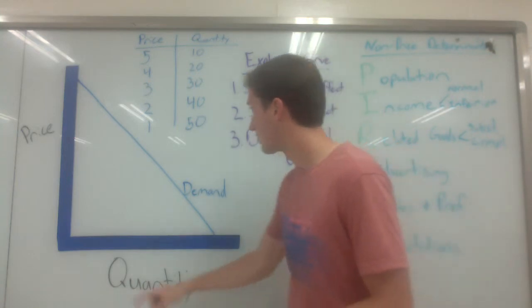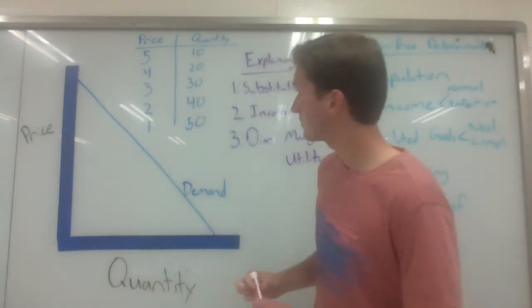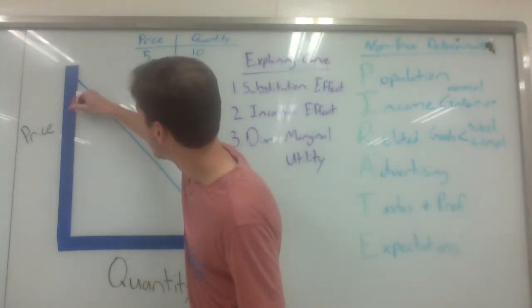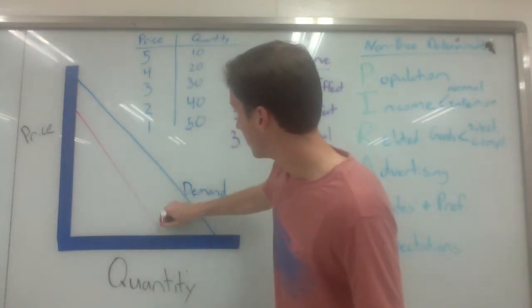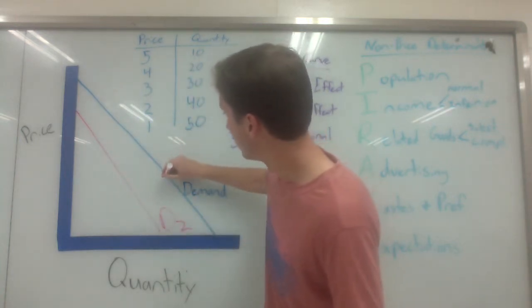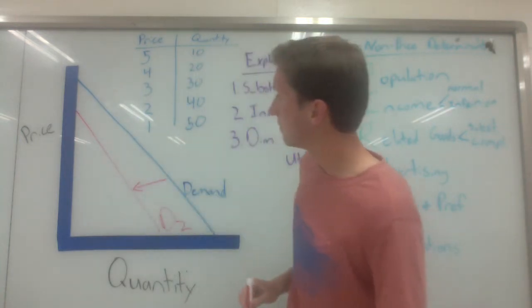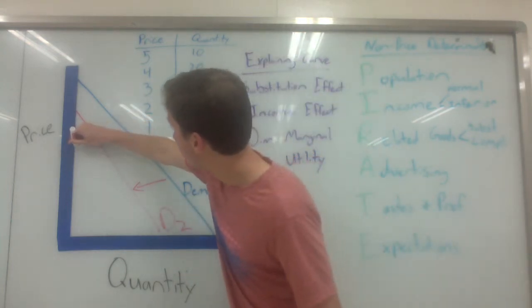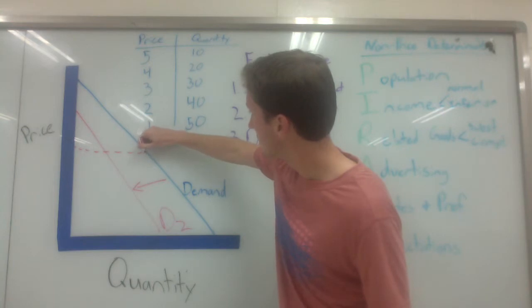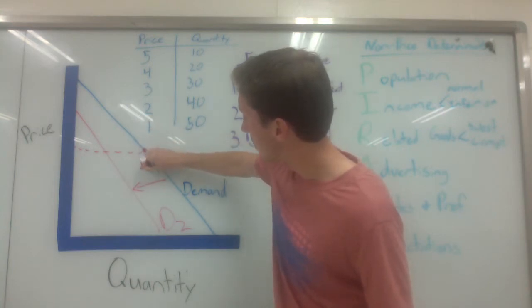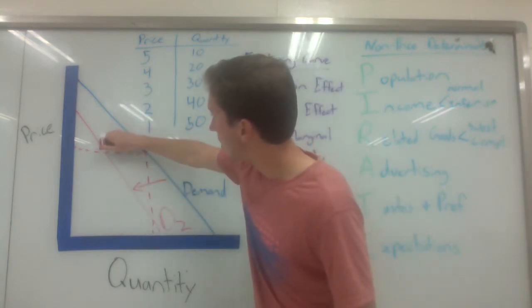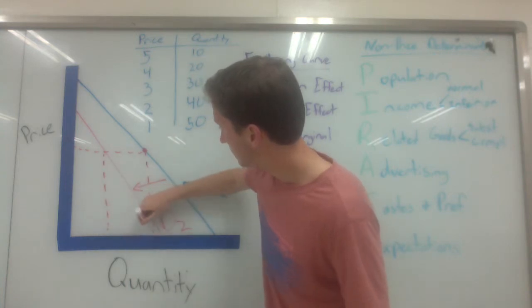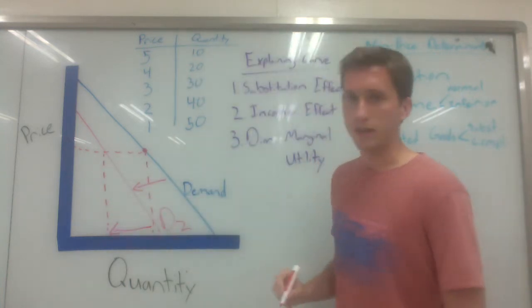I'll show you graphically what it looks like up here if I shift the demand curve. I'll label it as D2. Always draw an arrow. Now what has happened when I've shifted it to the left here is that at that same price as before, people are demanding significantly less.